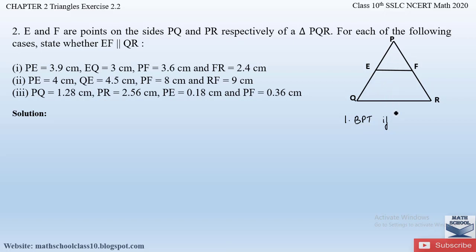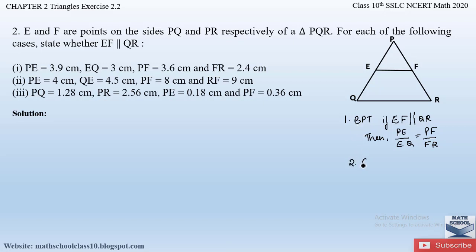So let us write down: if EF is parallel to QR, then PE divided by EQ is equal to PF divided by FR. This is the basic proportionality theorem.